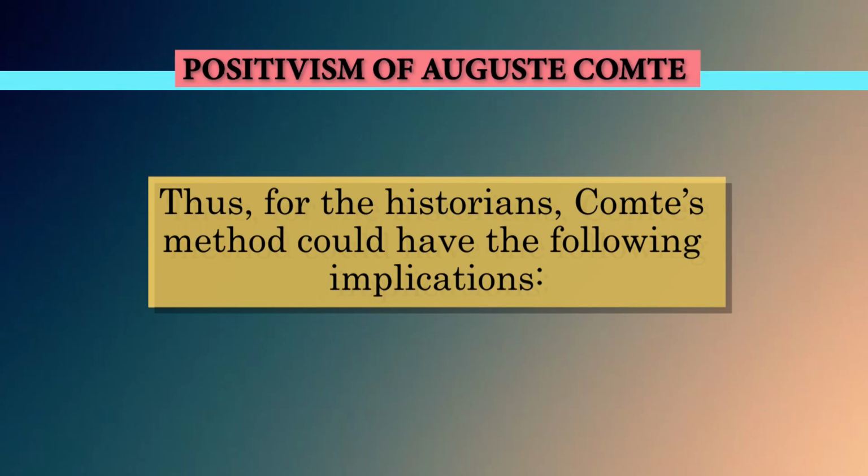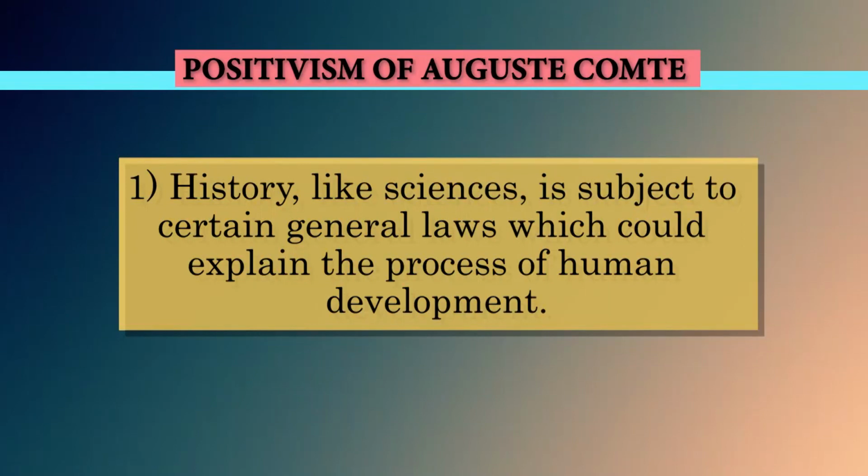Thus, for the historians, Comte's method could have the following implications. Now the question comes, what are those? Number one, history, like sciences, is subject to certain general laws which could explain the process of human development.